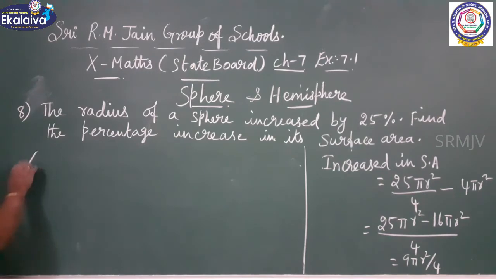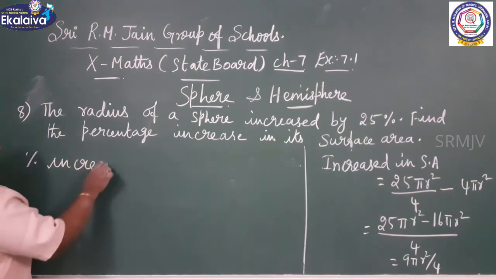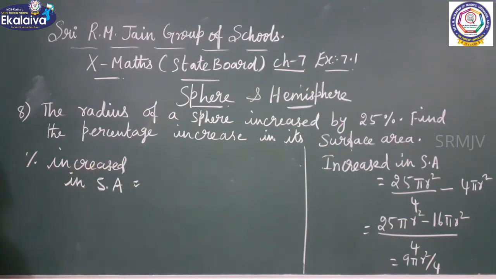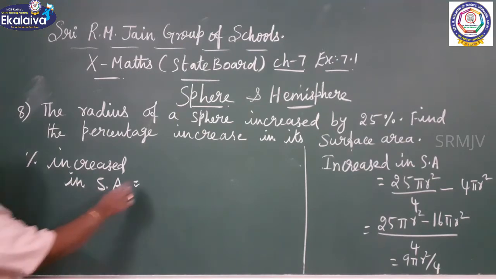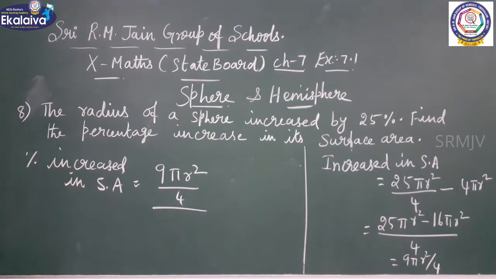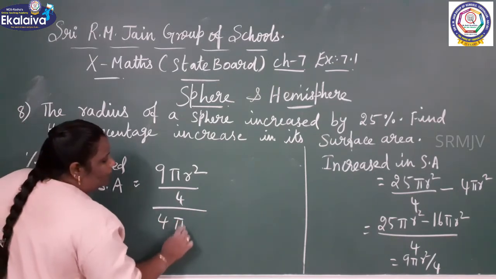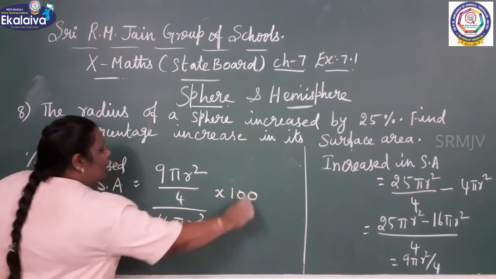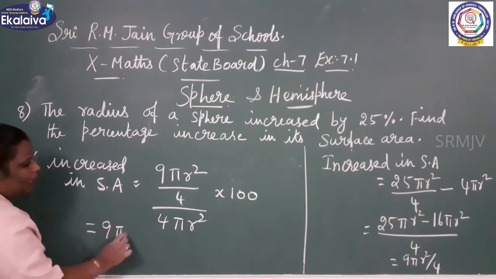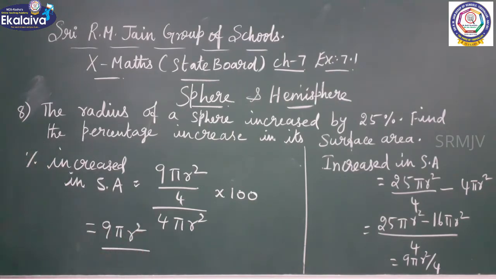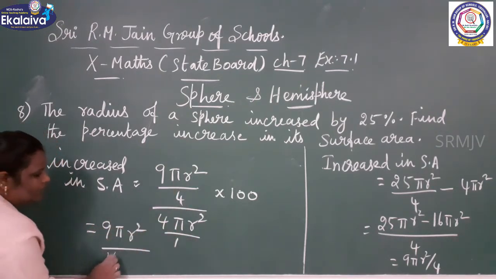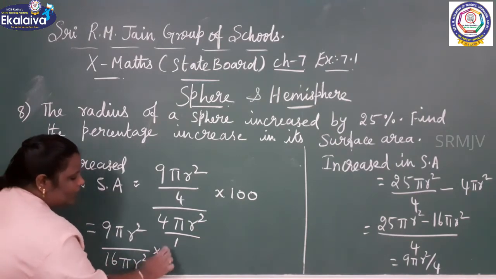See, the percentage increase in surface area is equal to 9 pi r square by 4 divided by the original, 4 pi r square, into 100. So it gives 9 pi r square by 16 taken reciprocally, 16 pi r square into 100.